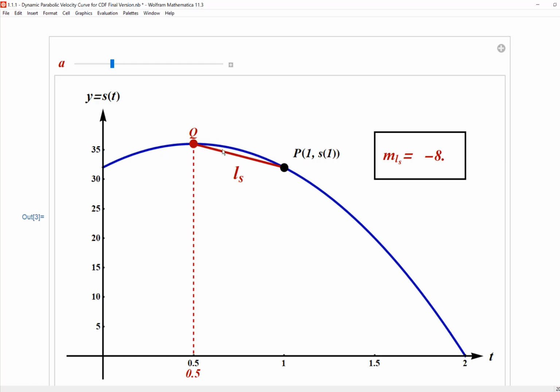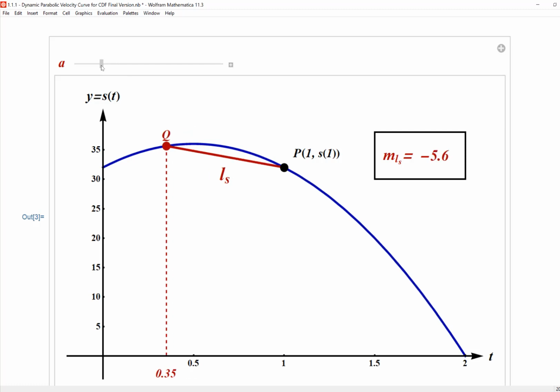If you connect that to the point P, 1 comma s of 1 on the graph of s, then the slope of that secant line connecting the 2 points, which is the average velocity of the ball over this half-second interval, was negative 8 feet per second, if you recall. Now, what we're saying is Q can be any point.